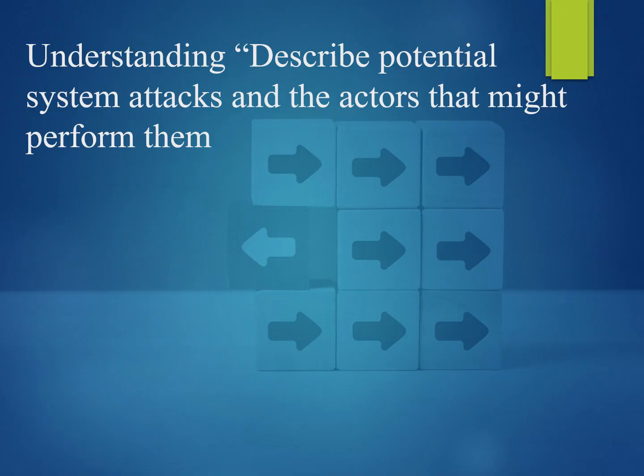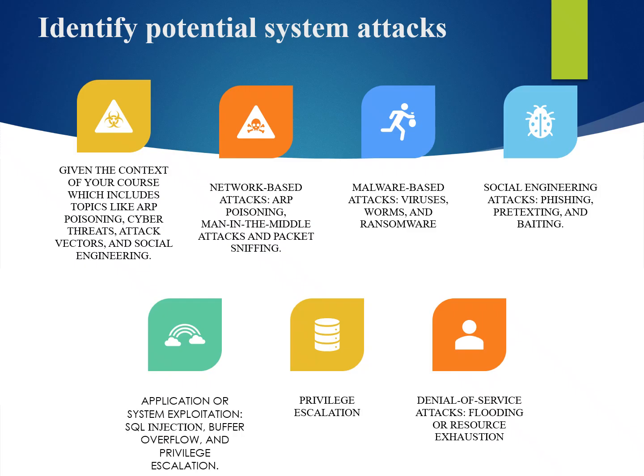Let's understand and describe the potential system attacks and the actors that may perform them. Let's identify potential system attacks. As we see on the slide, we could talk about network-based attacks, which deal with ARP poisoning, man-in-the-middle attacks, and packet sniffing.